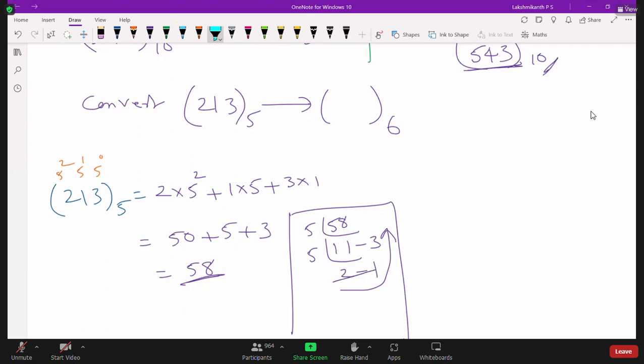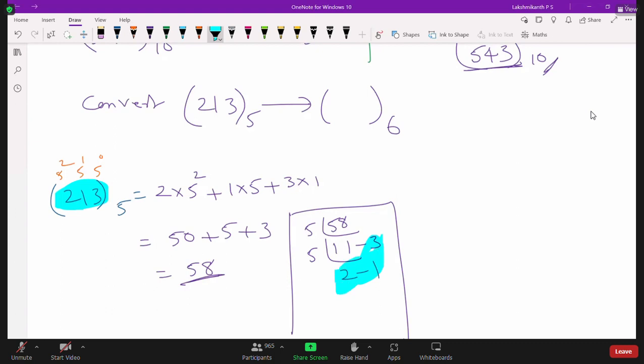So 2 1 3 in base 5. You can convert like this, and here also you are going to get 2 1 3.